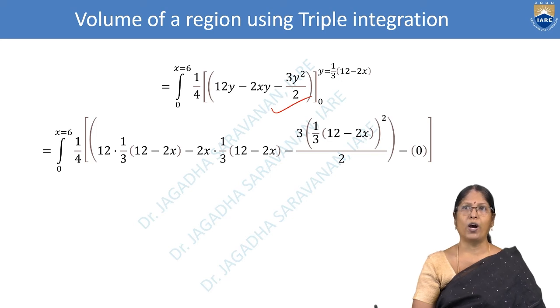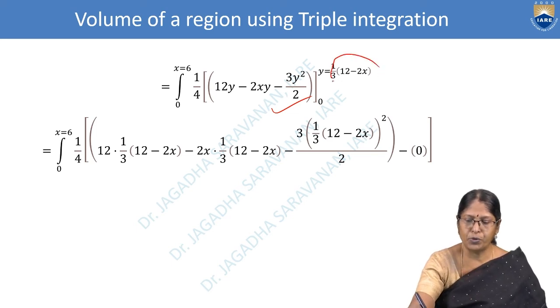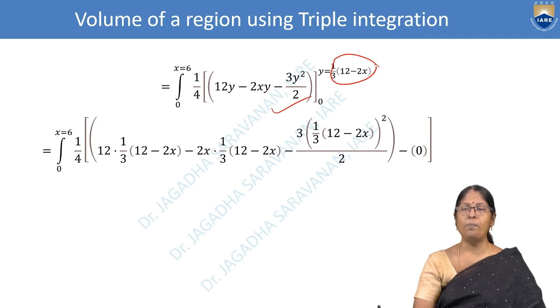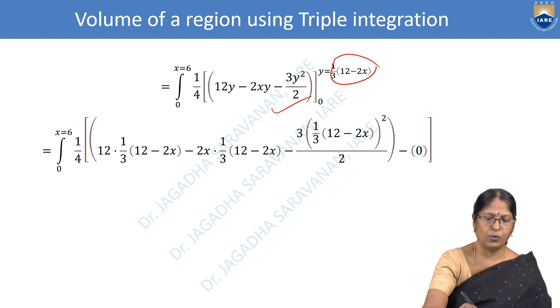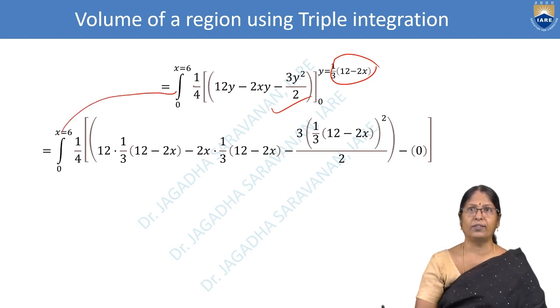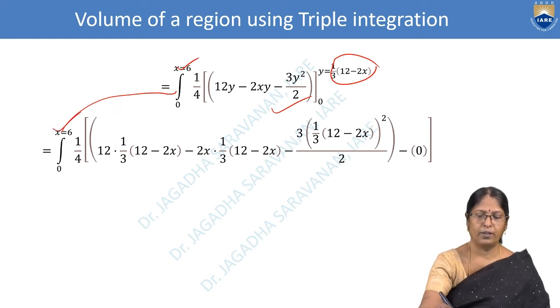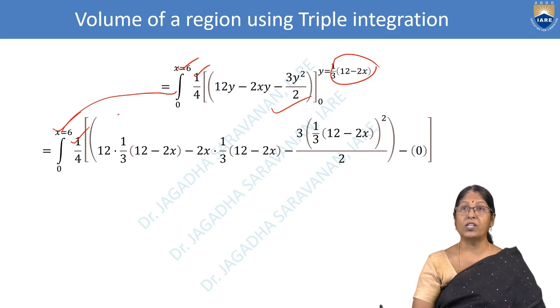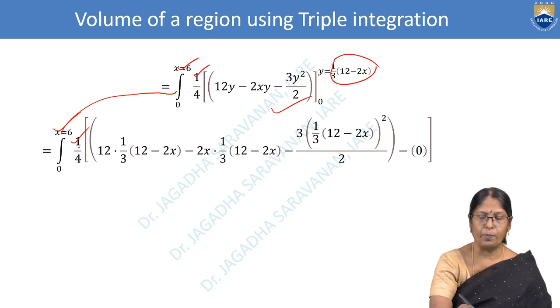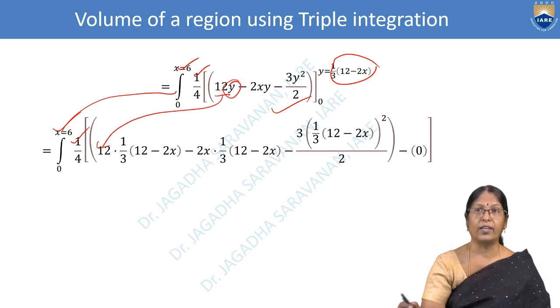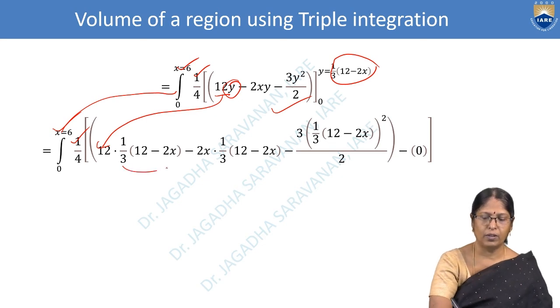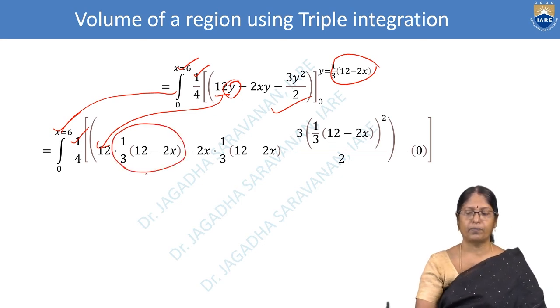Now wherever there is y, we have to substitute in the place of y 1 by 3 of 12 minus 2x. So we will compare with the previous step. What is kept, I am putting a tick here. There is no change, as it is written. And 1 by 4 also. This 12 we kept as it is. Here y is there where I circled it. So we substituted the upper limit.